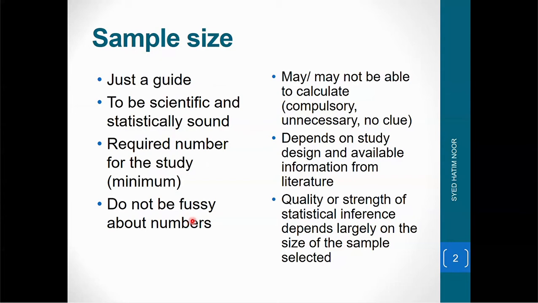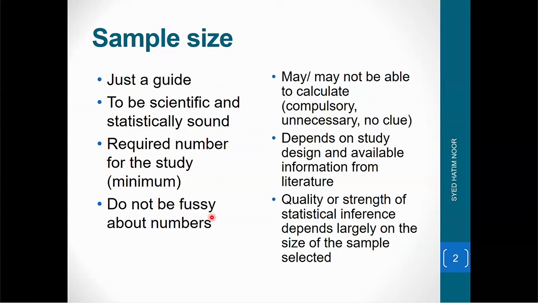A guide. For example, you are required to take 100. That means when you go and collect sample, you just need to take 100. It's unethical if let's say you take more than required. For example, you take blood, or you do X-ray.